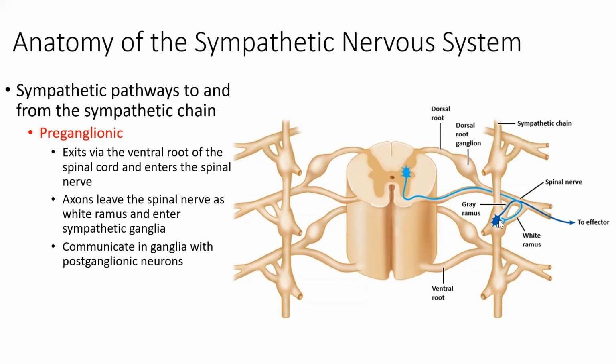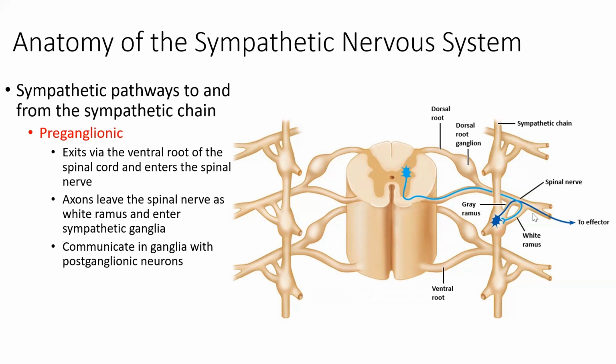When it synapses onto the ganglia, it's then going to rejoin or re-emerge into the spinal nerve. And in that instance, it will be considered a gray ramus fiber, okay? Remember, the difference between white ramus and gray ramus is the presence of myelination. White ramus fibers are myelinated, gray ramus fibers are not myelinated.